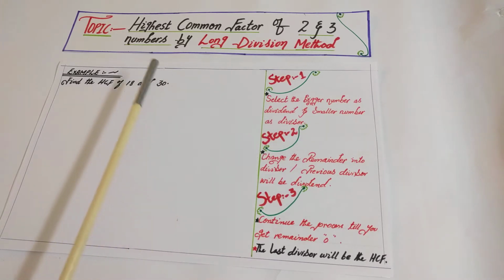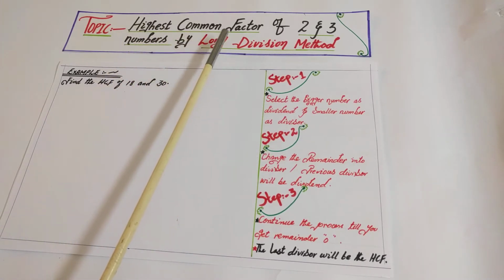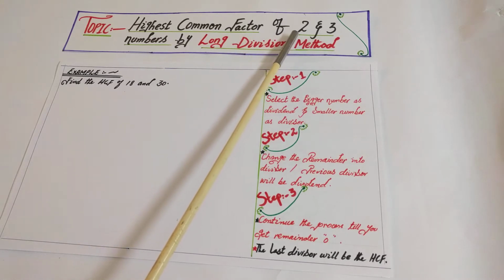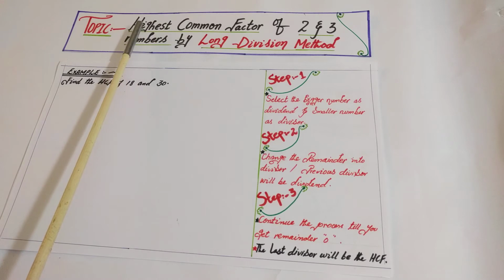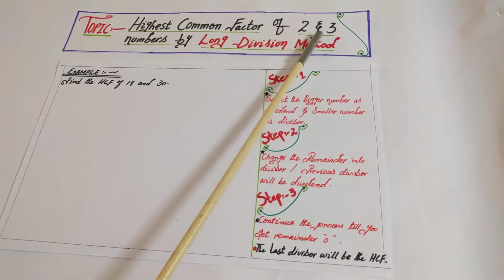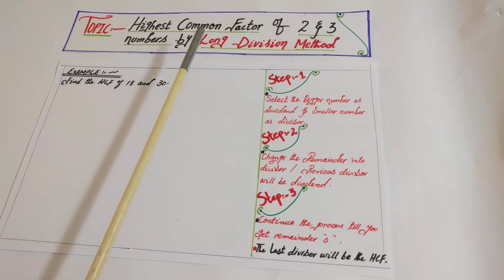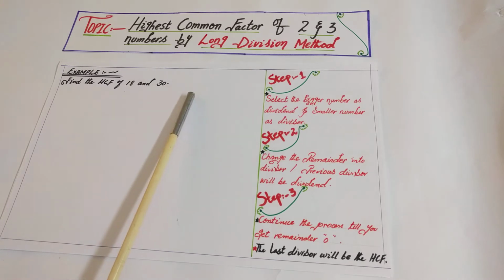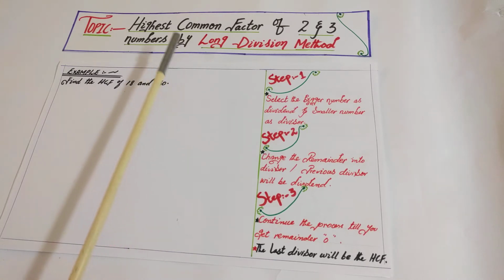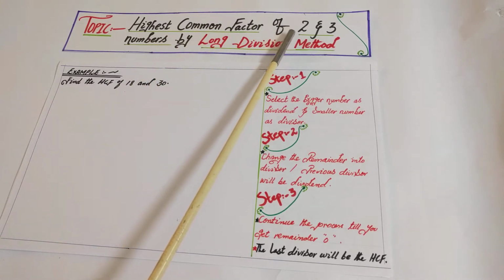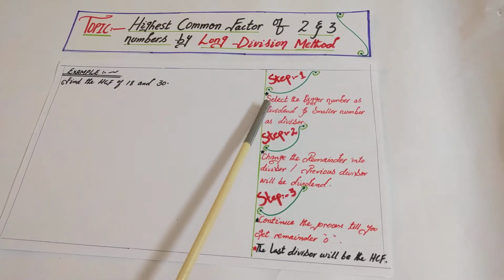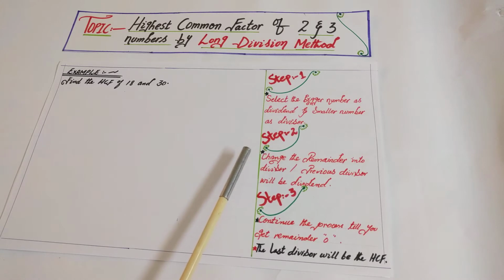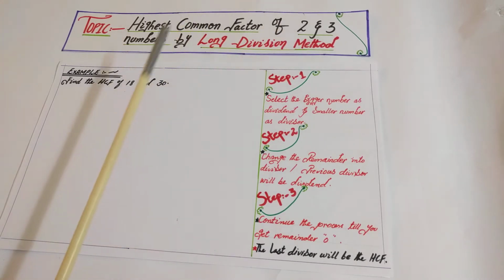Firstly, we will find the highest common factor or HCF of 2 numbers. Then in the second example, we will solve the highest common factor for the 3 numbers. So in the first example, we are going to find the highest common factor for only 2 numbers.